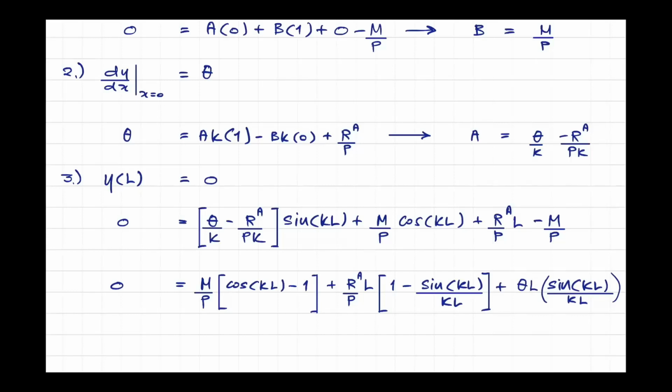Okay, 0 is equal to M over P beta plus RAL over P times the plus theta L times new. I get all the Greek letters I can think of.